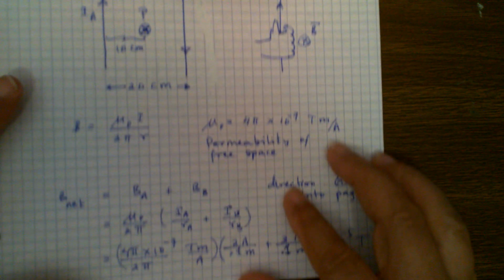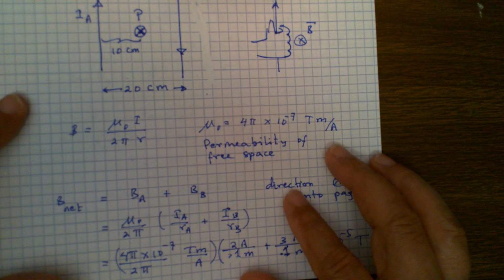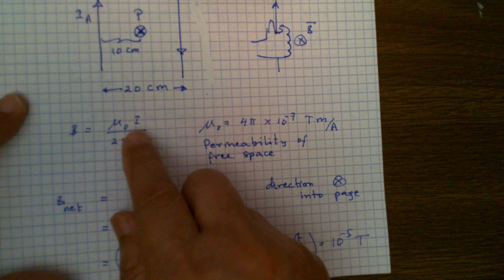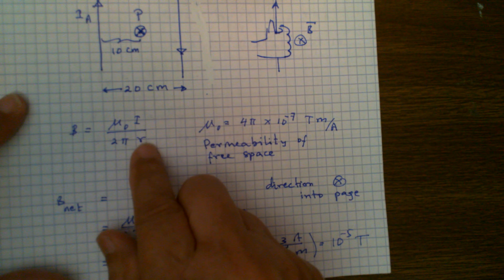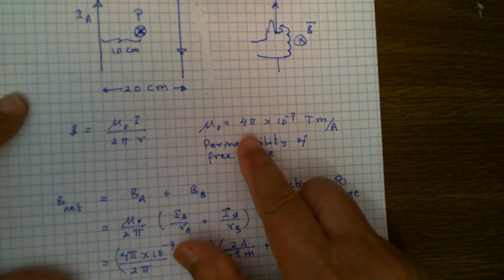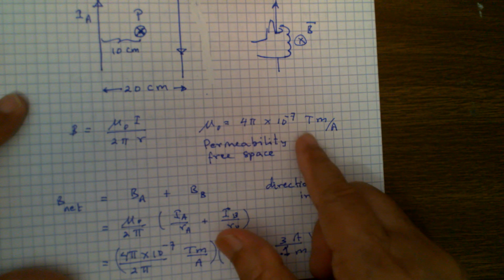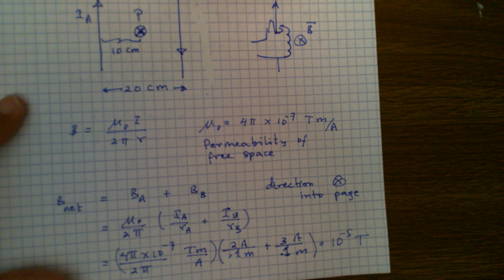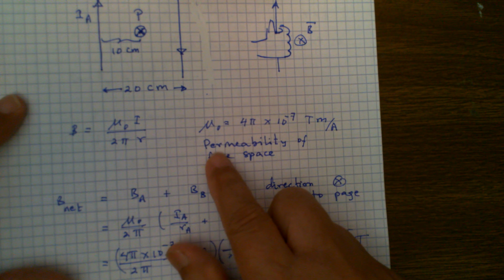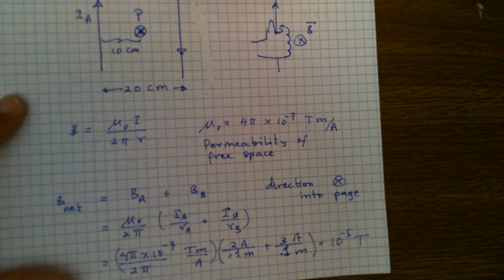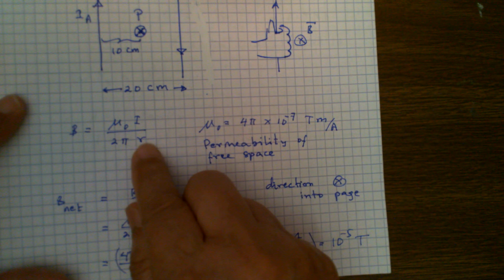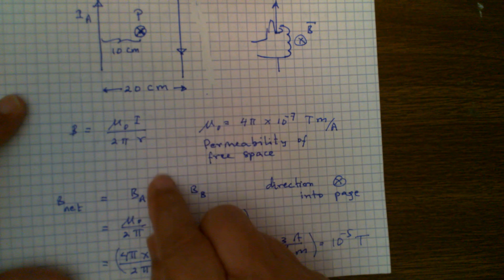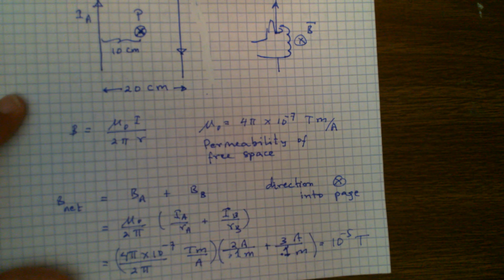Now the formula for the magnetic field from a current carrying wire is B equals mu 0 I by 2 pi r, where mu 0 is 4 pi times 10 to the minus 7 Tesla meter per ampere. This is what we call the permeability of free space. r is the distance of the point you are interested in from the wire, and I is the current.